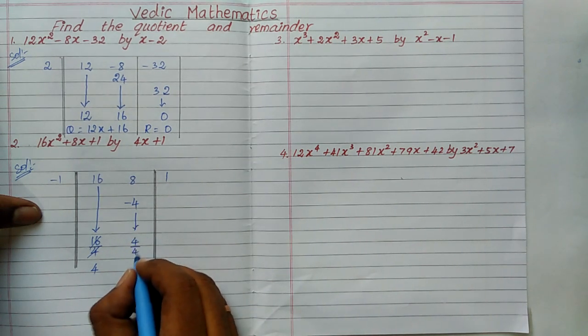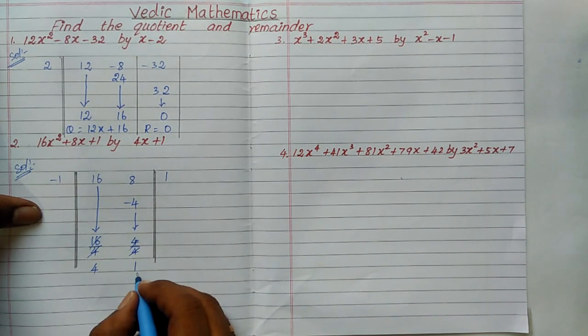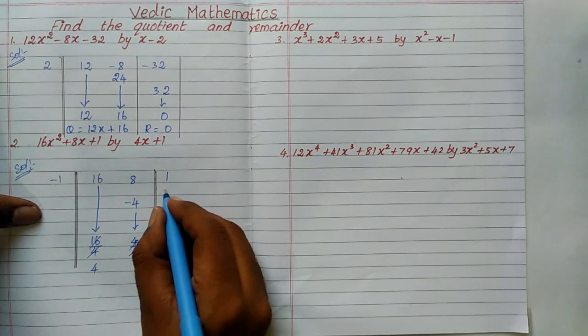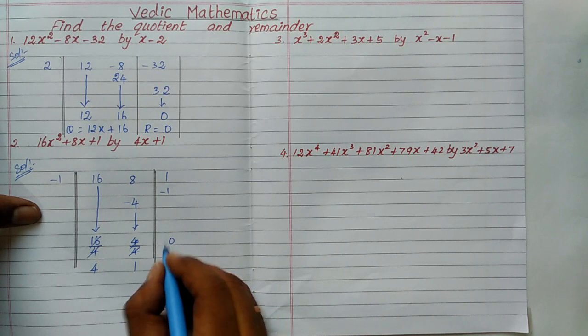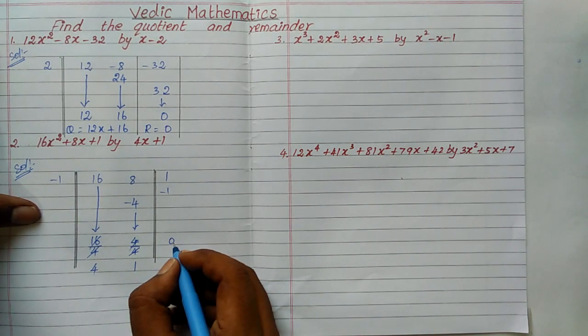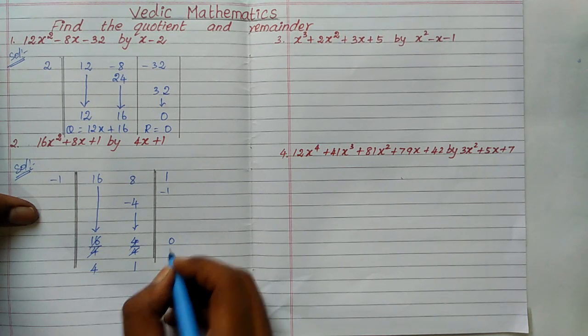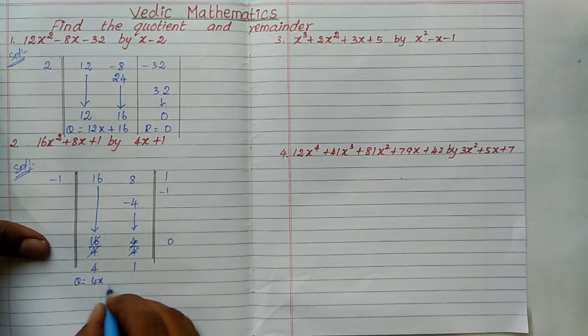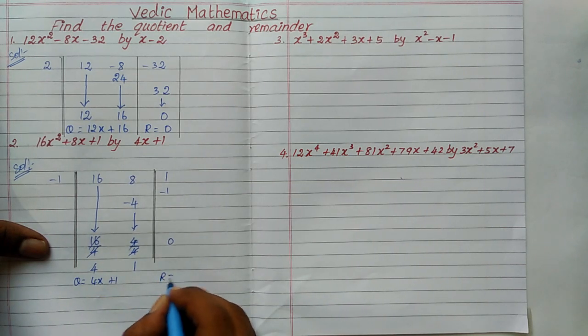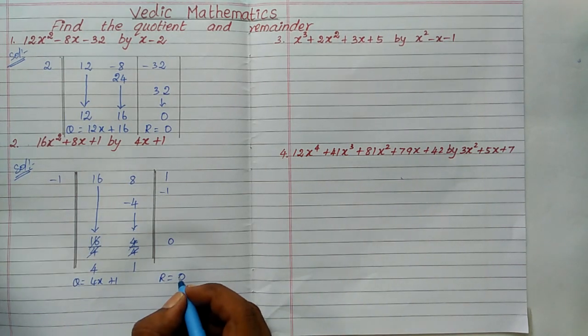Again you divide by 4, and the result is 1, and 1 into minus 1 is minus 1. 1 minus 1 is 0. Here you need not divide by 4, because that is the remainder, so the remainder is not divided. So we can write the quotient is 4x plus 1 and the remainder is 0.